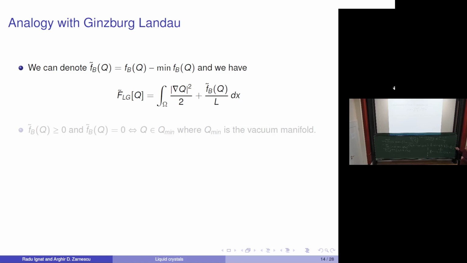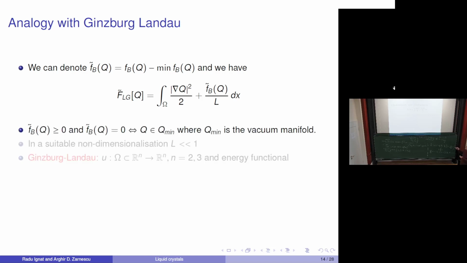So I change a bit the energy functional and put it in this form, where this is now a non-negative polynomial, which becomes 0 if and only if Q is in the vacuum manifold, which generically is a 2D manifold, homeomorphic to the real projective plane, but in some limit cases it can also be a 4-dimensional sphere.